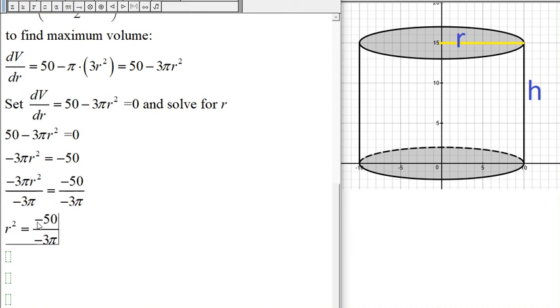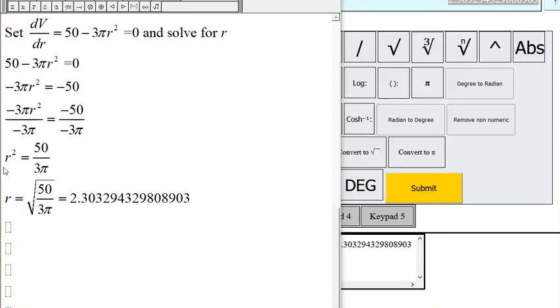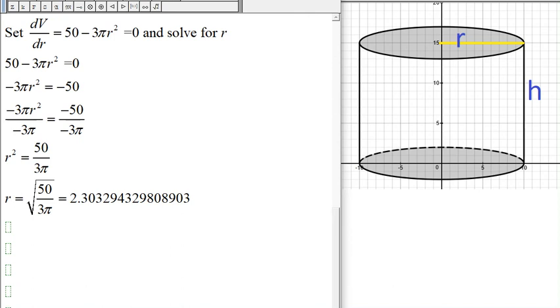A negative divided by a negative is positive. Then take the square root of both sides, and this comes out to be about 2.30329. So that's the radius.